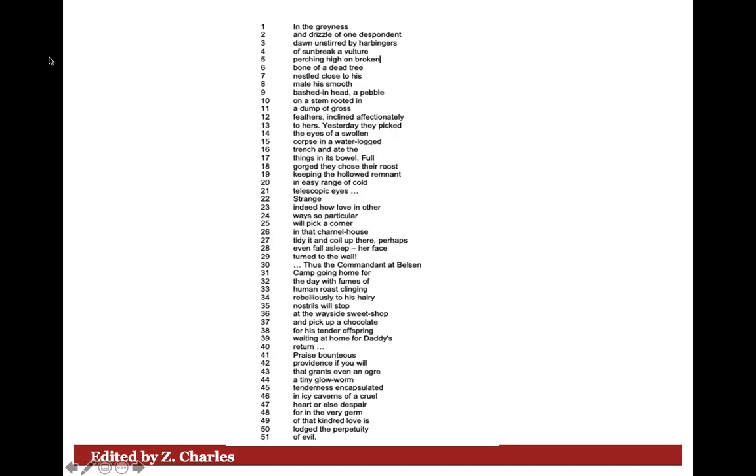So let's start. In the greyness and drizzle of one despondent dawn, unstirred by harbingers of sunbreak, a vulture, perching high on broken bones of a dead tree, nestled close to his mate, his smooth, bashed-in head, a pebble on a stem rooted in a dump of gross feathers, inclined affectionately to hers.